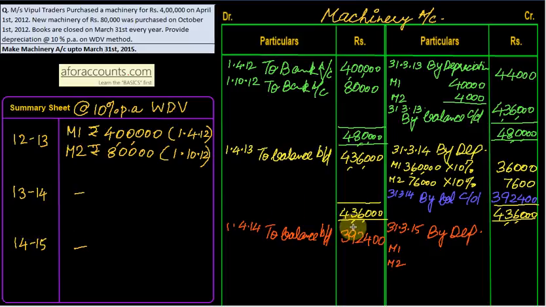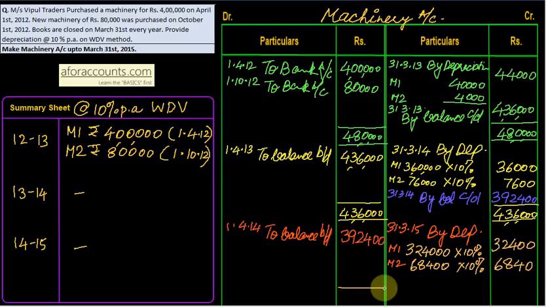And for machine 2, 76,000 was your opening value. 76,000 minus 7,600 comes up to 68,400. The 10% of the written down value is again your depreciation. So that comes up to 32,400, and 68,400 into 10% is 6,840.